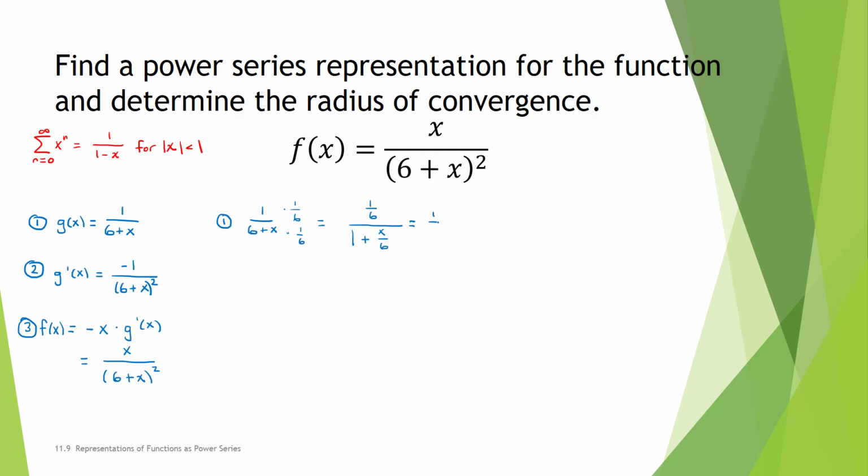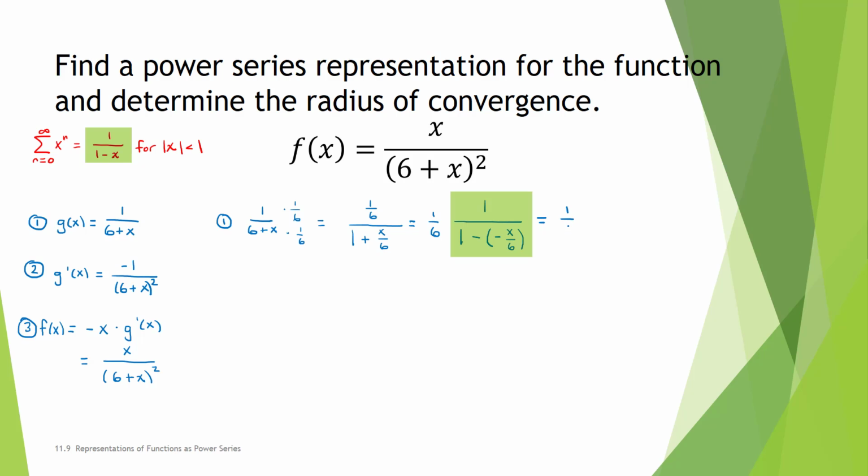I can pull this 1/6 out front, and then in the denominator I will write 1 minus negative x over 6. The point of doing this is that I always want to see a fraction 1 divided by 1 minus something, and that thing is the common ratio.